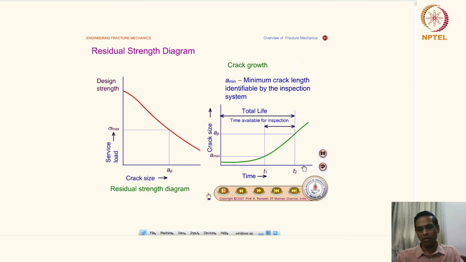So this kind of idea will enable us to schedule the NDT tests and so on. This is a real-time practice in engineering structures, or structural monitoring or health monitoring of the equipments and so on.